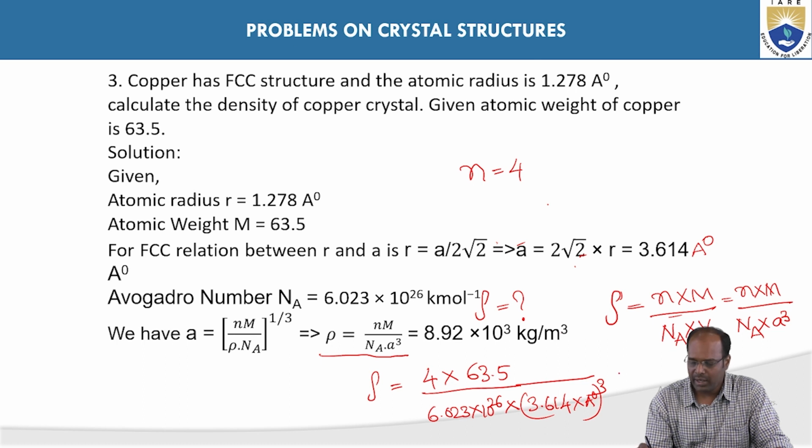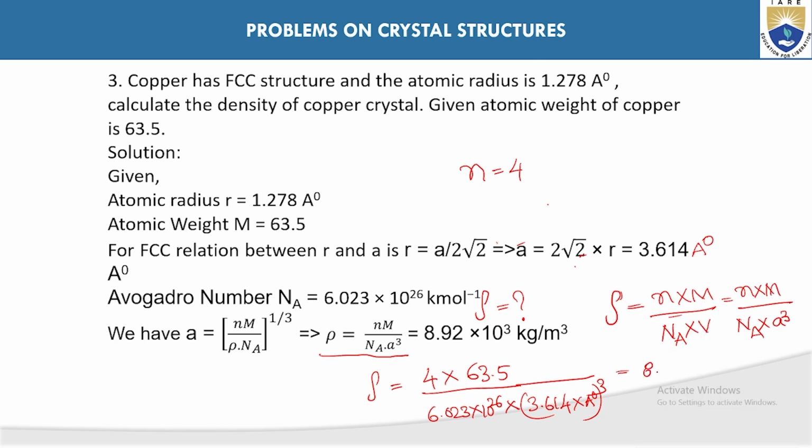This is nothing but 8.92 into 10 to the power of 3 kg per meter cube. Finally, we are getting the value.